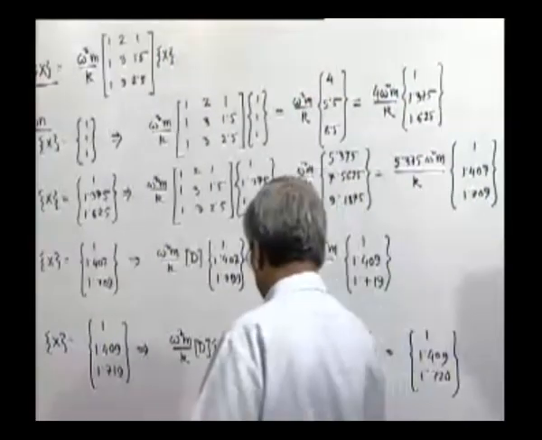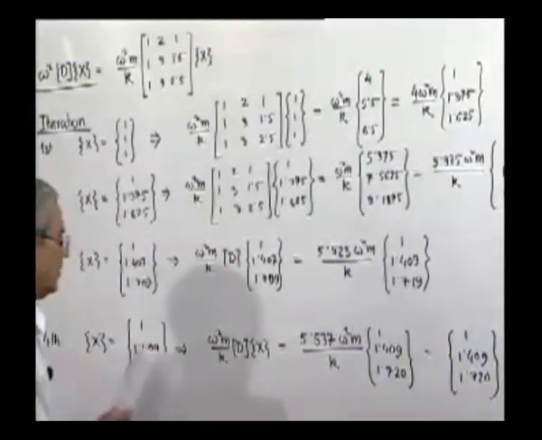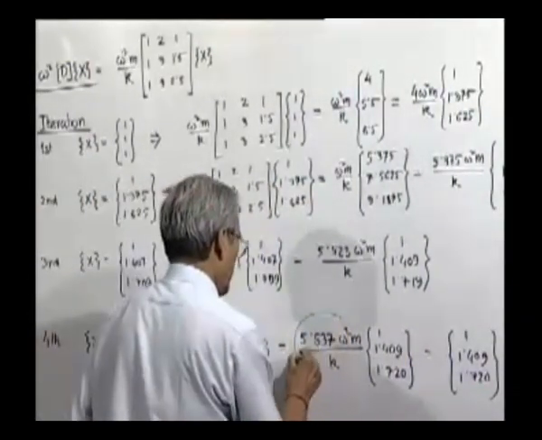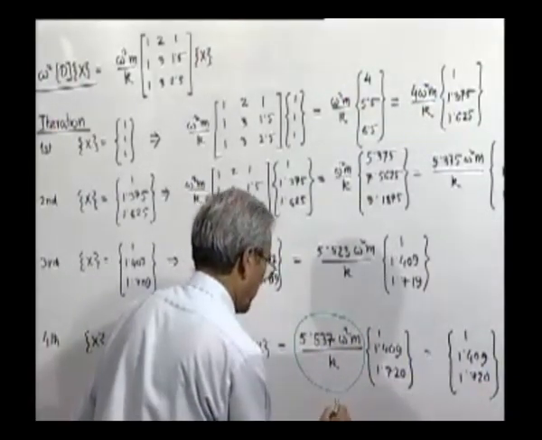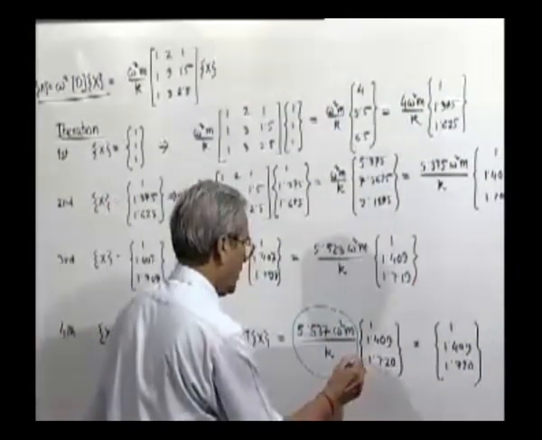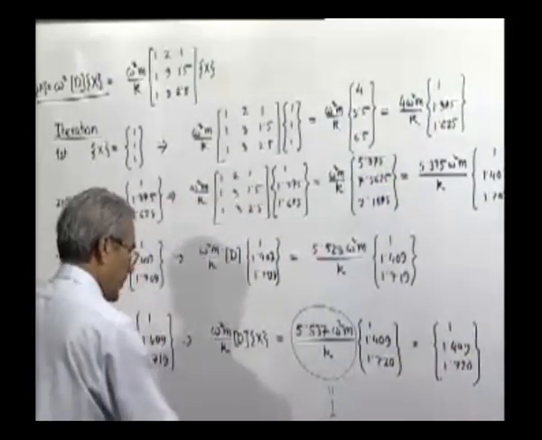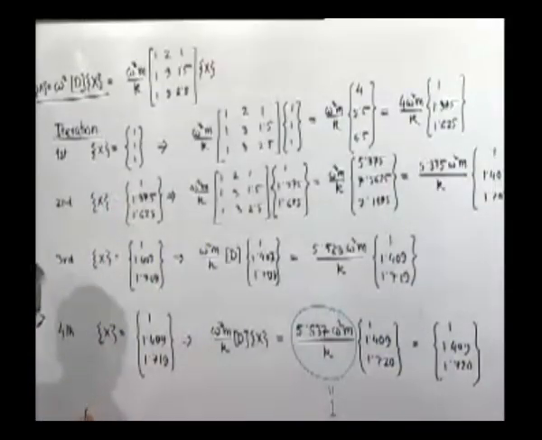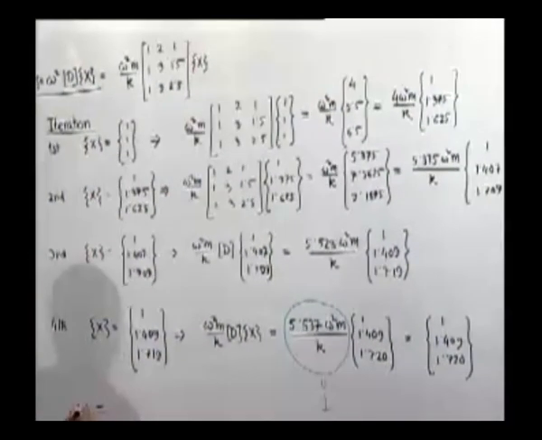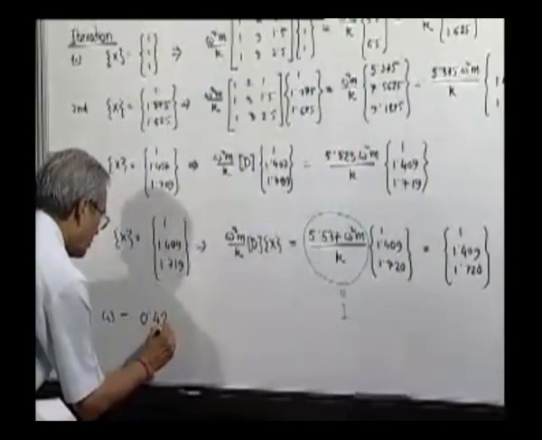If this quantity has to be equal to 1, then only this equation is satisfied. That means your corresponding omega will have to be how much? So, omega will be correspondingly 0.425.